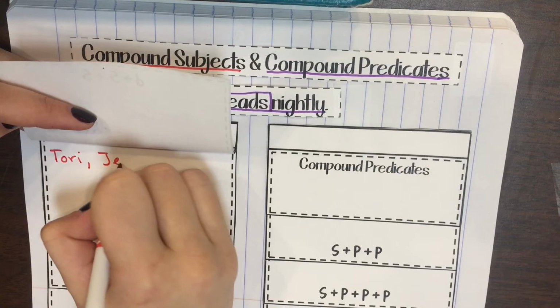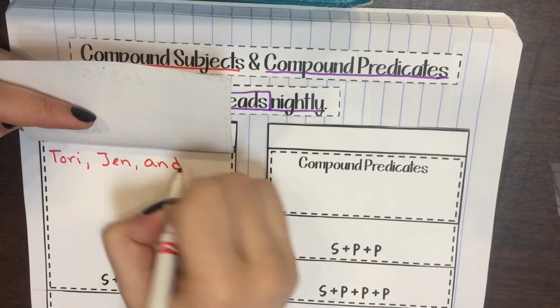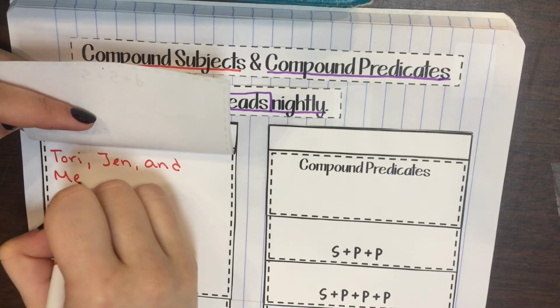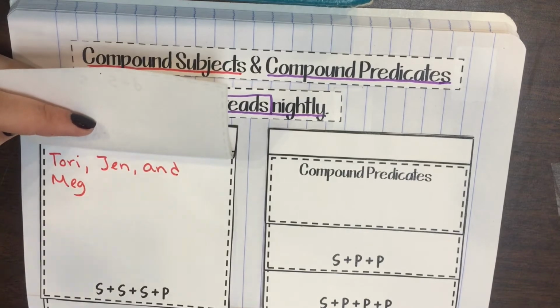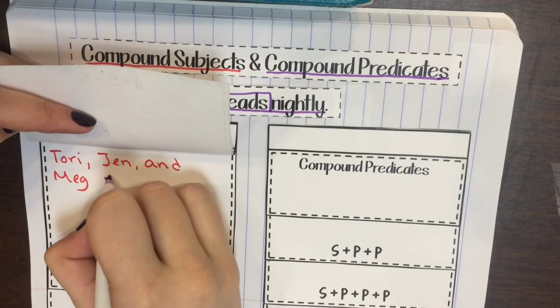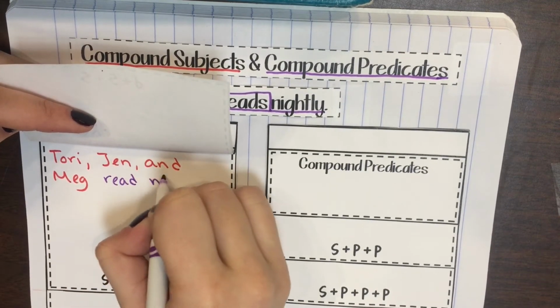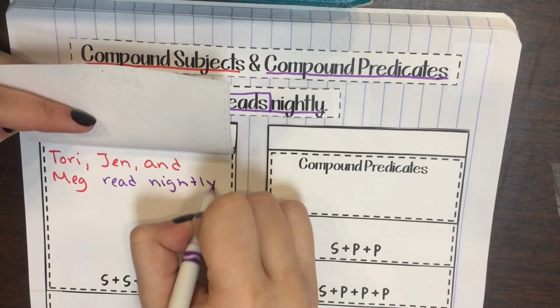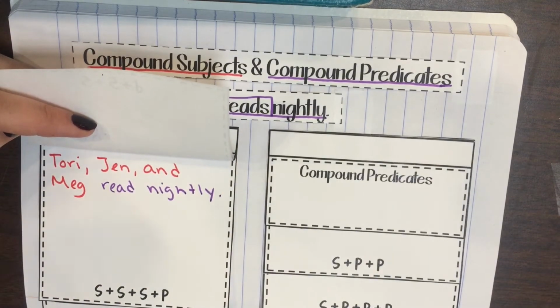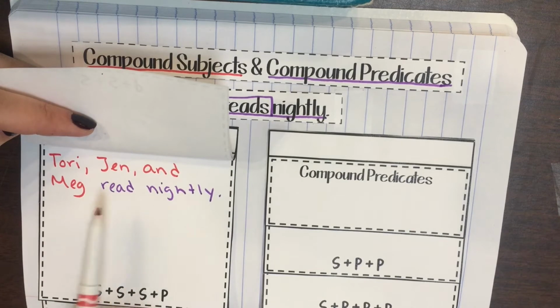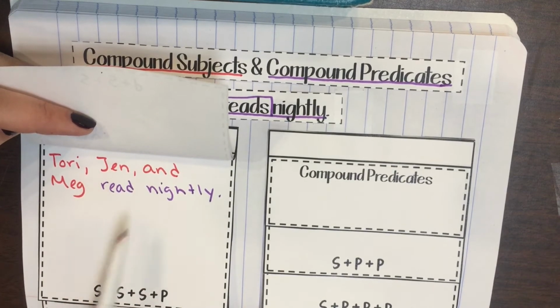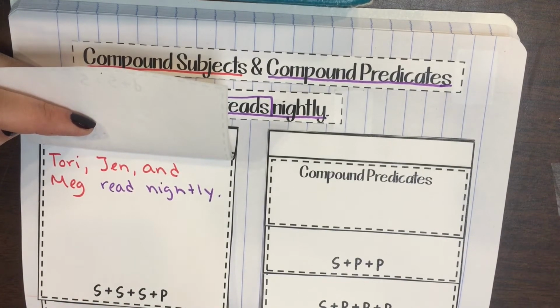Tori, Jen, and Meg. Again, switching to my purple for my predicate, read nightly. So we have 3 different subjects here, Tori, Jen, and Meg, but they're all doing one thing. There's still just 1 predicate. That is the key to a compound subject, that there's still 1 predicate.